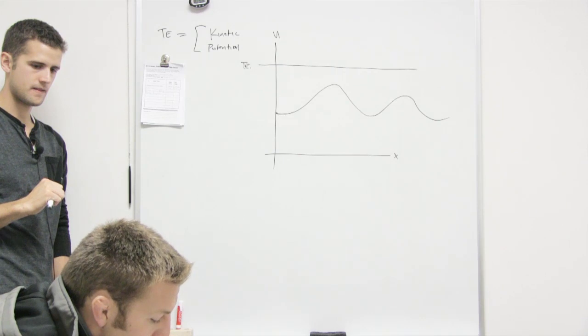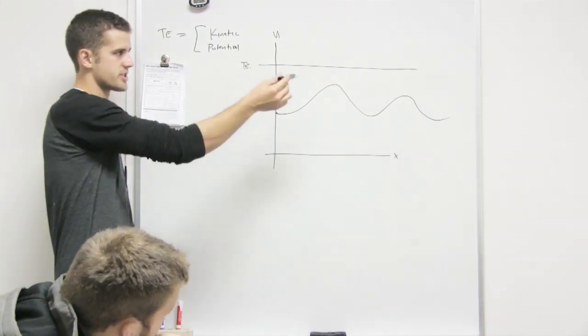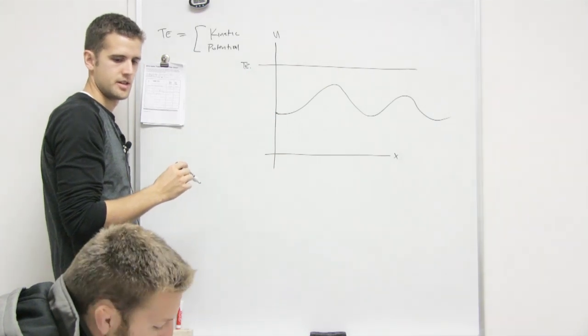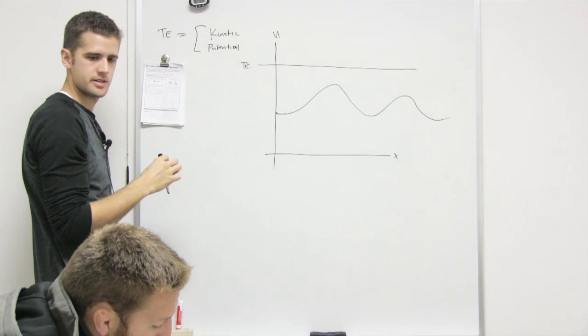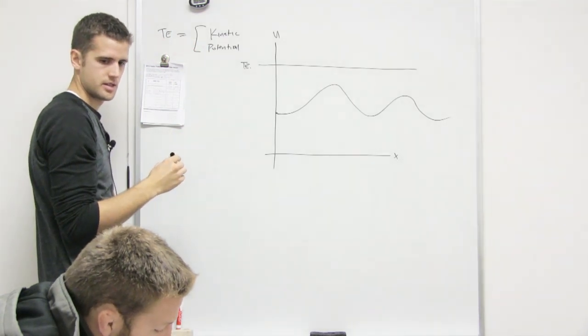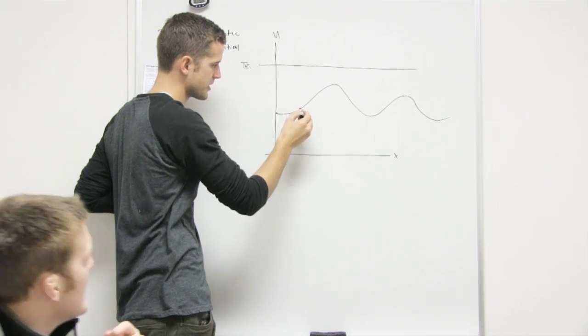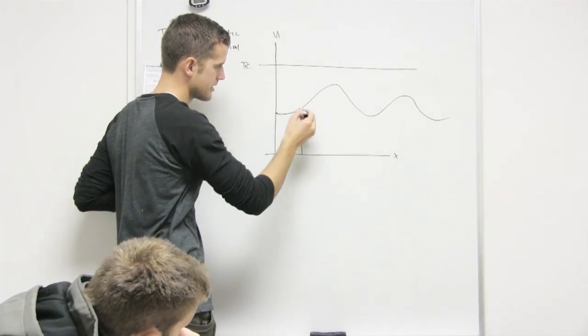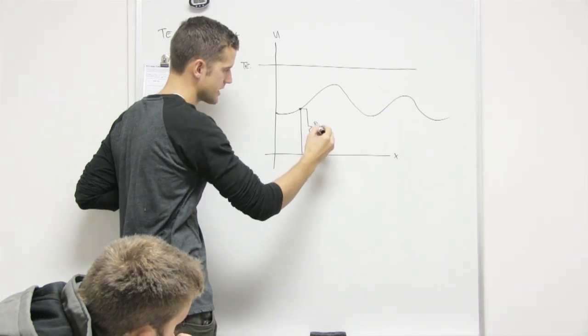Oh, so this is potential? Yeah. And that's kinetic? No, the one on top is just the total energy. Okay. So what do you add together to get total energy? Kinetic and potential. Yeah. So, say at this point right here, this is how much potential energy you have, right? This is potential.